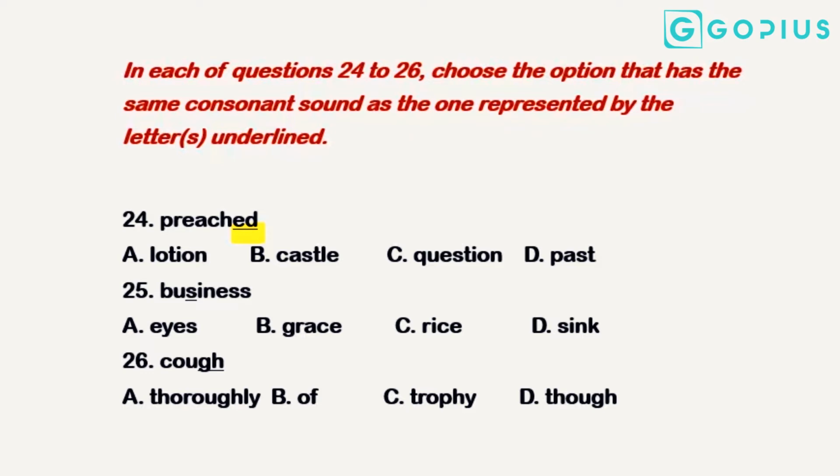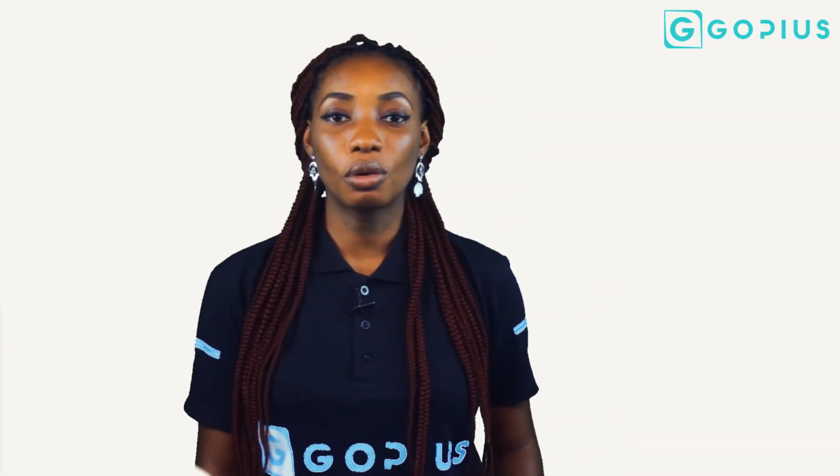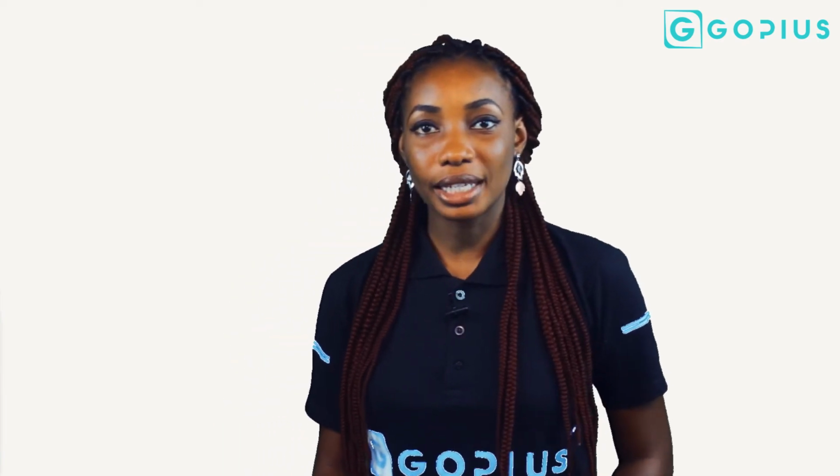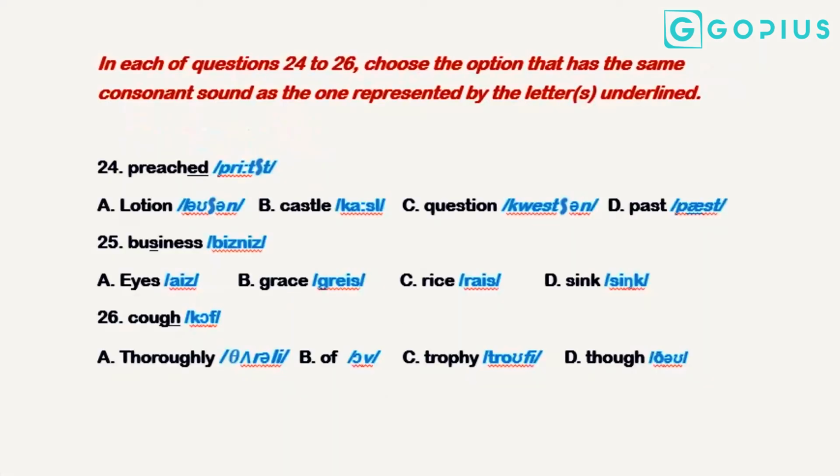Okay, so let's examine each and every one of them. We can see here that for the word preached, this is the ch sound which comes from the ch.